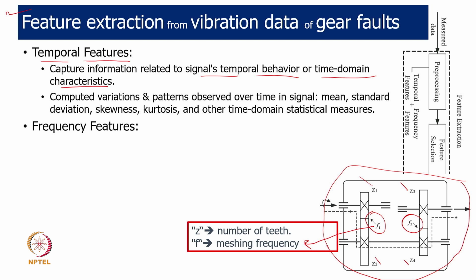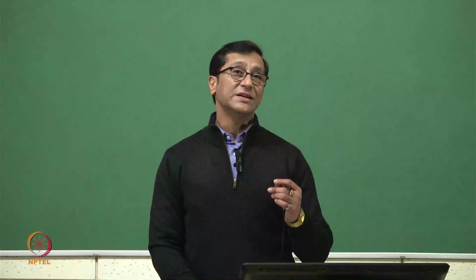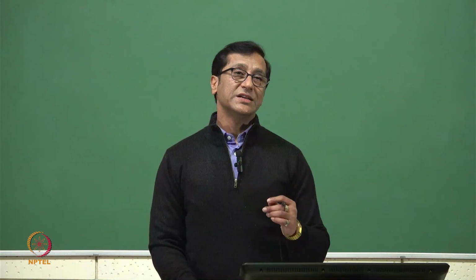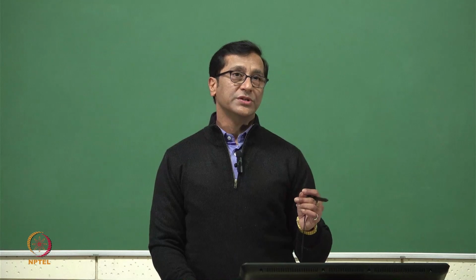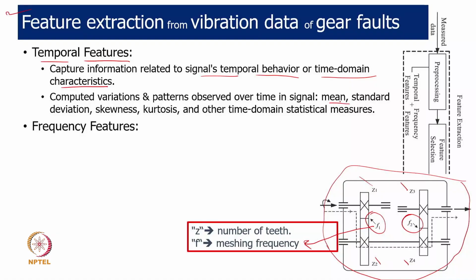We know that if the vibration level is increasing, or if the wear level has increased, which is increasing vibration, or friction has increased, which is also increasing the vibration, or periodic motion, then we can figure out the value of the mean, standard deviation, skewness, kurtosis, and any other time domain statistical measures. Based on those values also we can find out what is really happening. We can figure out the condition of the machine itself. So this is a temporal feature. Based on the time data we can also get information.